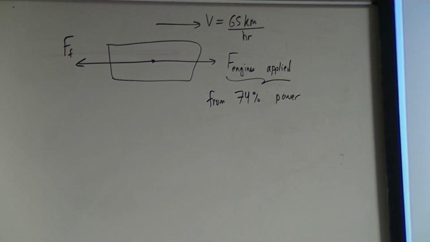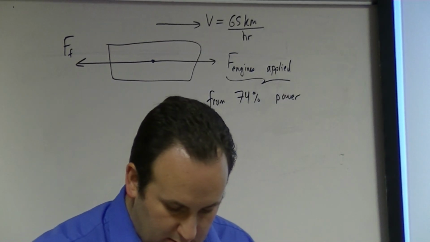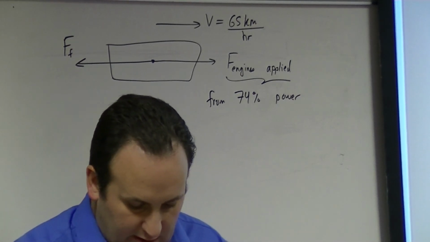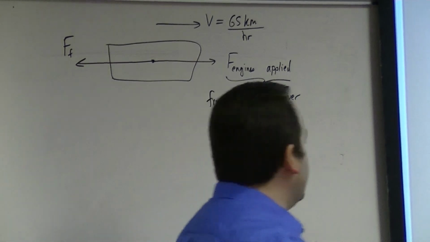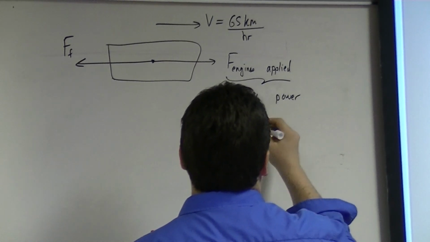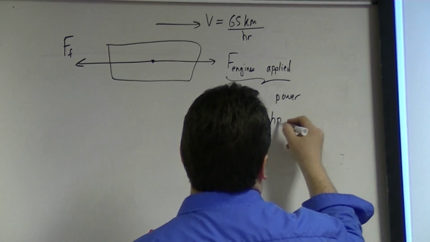That means you only get a power of 74% of the 280,000 horsepower, right? Which is something like 207,200 horsepower for the power.